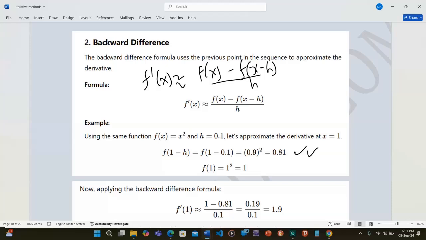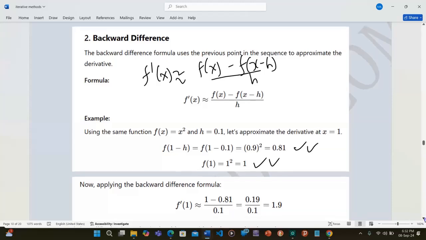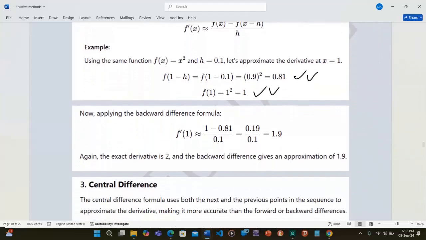Then we look for f of x. Remember, x is equal to 1, so f of 1 is equal to 1 squared, and we are getting 1 also. So we substitute in this formula, then what we shall get is 1.9.